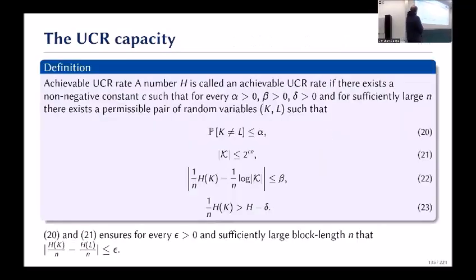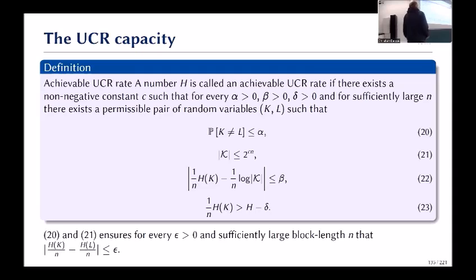And now U stands for uniform common randomness. So we call a number H a achievable uniform common randomness rate if there exists a non-negative constant C such that for every alpha, beta, and delta bigger than 0 and sufficiently large n, there exists a permissible pair of random variables K and L such that the probability that K is not equal to L is smaller or equal alpha, that's somehow the error probability, that |𝒦| is smaller than 2^(Cn), that the difference 1/n H(K) minus 1/n log|𝒦| is smaller than beta, that's somehow that it's uniformly distributed, and that 1/n H(K) is bigger than H minus delta.